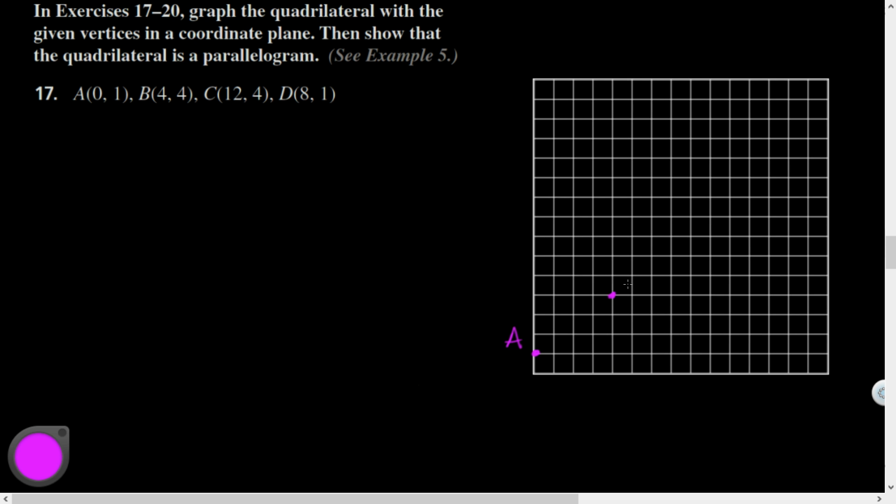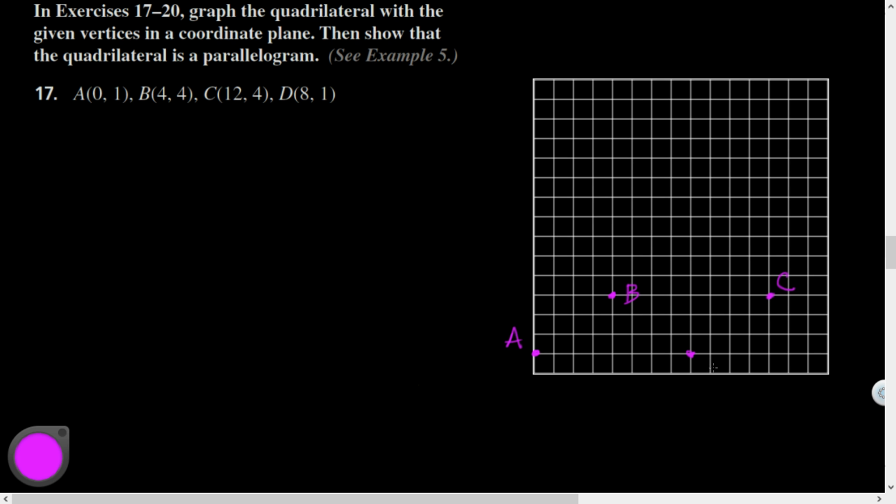There's B. C is at 12, 4. So 1, 2, 4, 6, 8, 10, 12, and then up 4. Okay, there's C. And D is at 8, 1, so over 4, over another 4, then up 1.